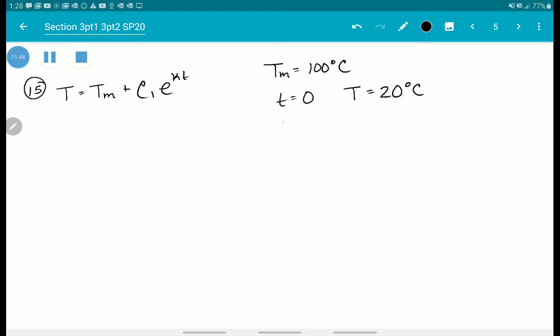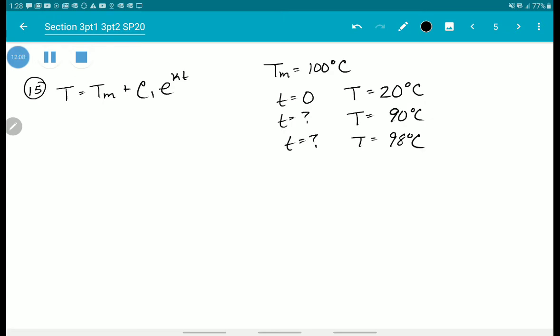We want to know how long it's going to take for the temperature to reach 90 degrees Celsius. And then we're going to do the same thing for 98 degrees Celsius. But we need the model to work off of.